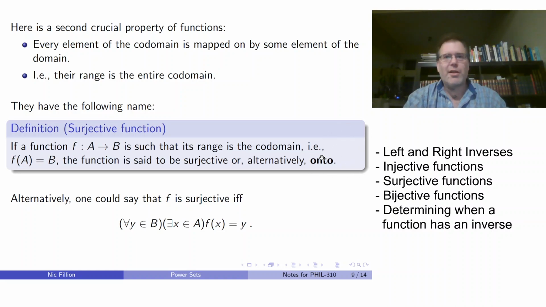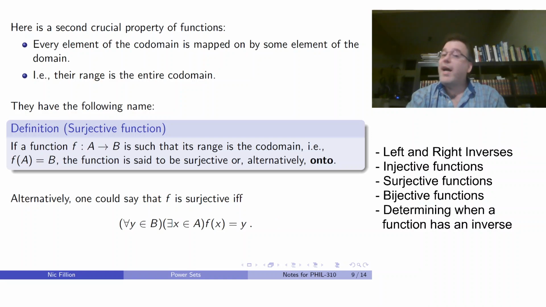I also don't like that name very much. I much prefer the name surjective. Another way of saying that a function is surjective, which is exactly equivalent to what was said here, is the following. For every element of the codomain, there is an element of the domain such that that element of the codomain is the value of f for that element of the domain.